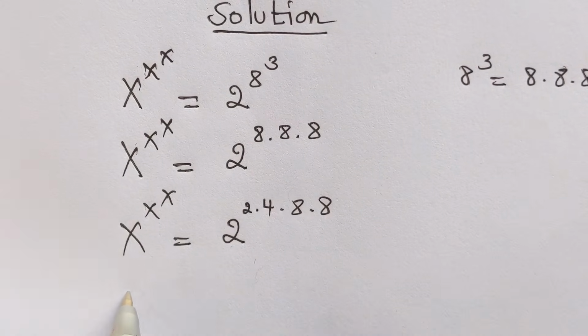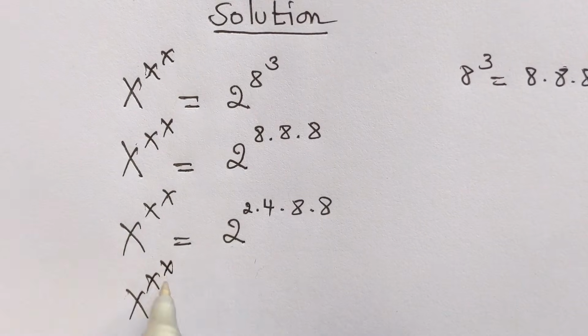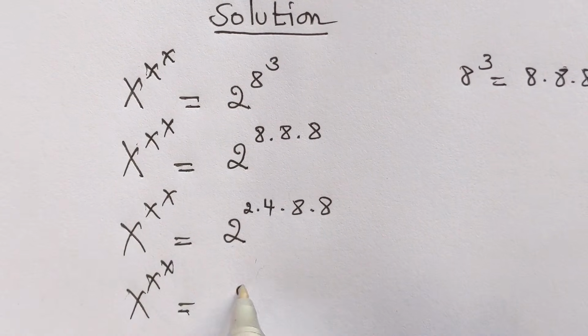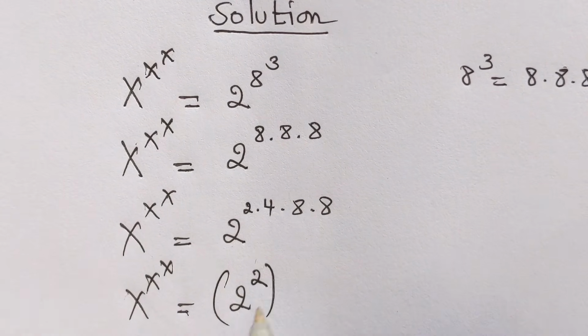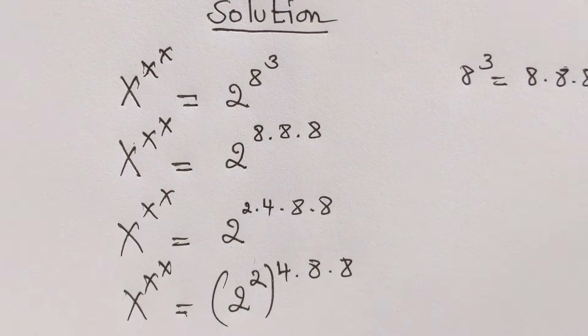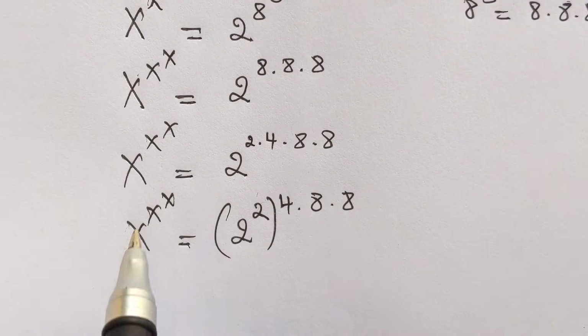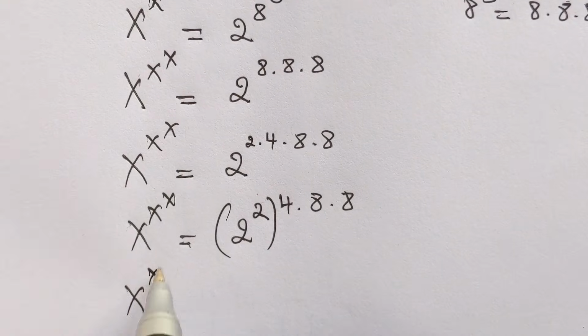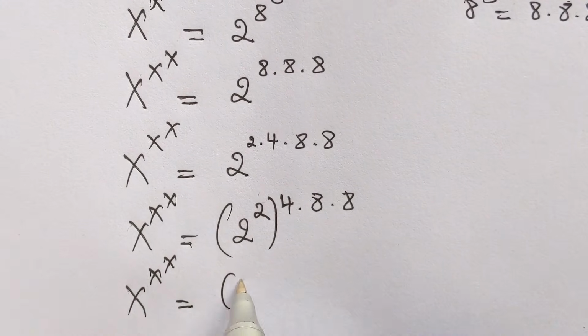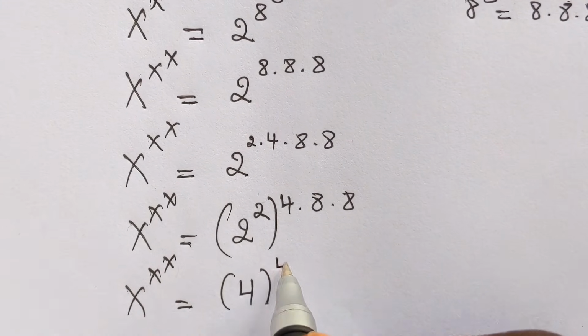At this stage, we shall say x power x is equal to 2 power 2 times 4 times 8 times 8. And of course here, x power x is equal to 4 power 4 times.